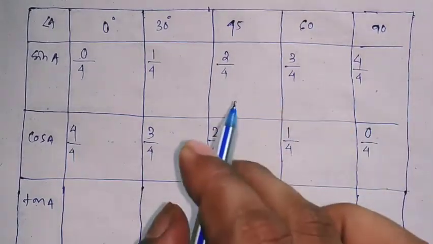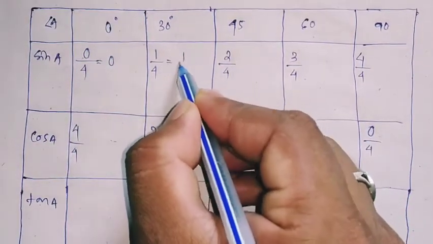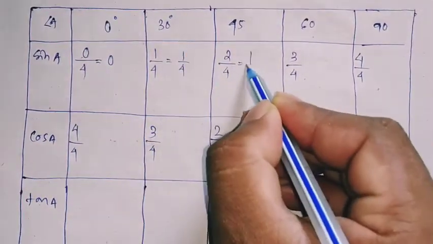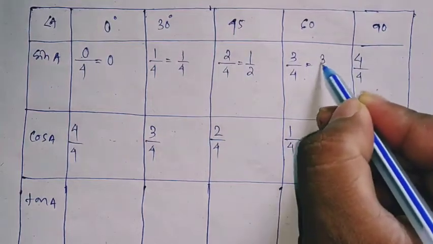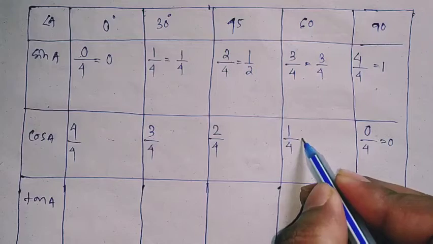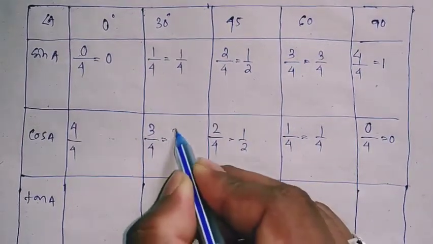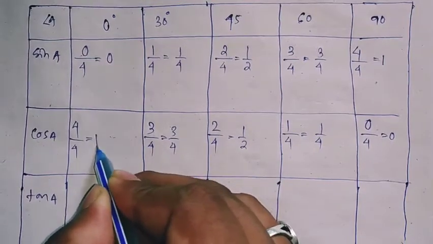From here what you will find: 0 by 4 means 0, 1 by 4 means 1 by 4, 2 by 4 means 1 by 2, 3 by 4, and 4 by 4 is equal to 1. Similarly for cos: 1, 3 by 4, 1 by 2, 1 by 4 and 0.